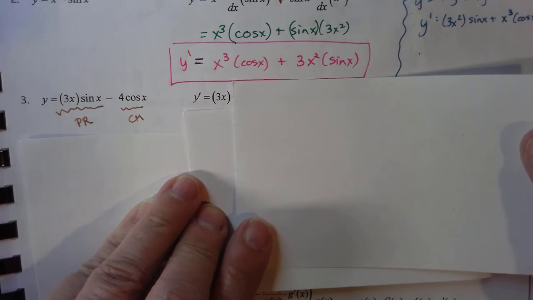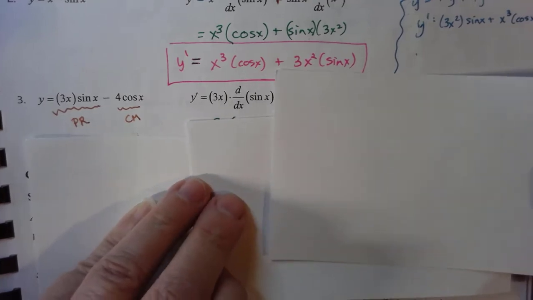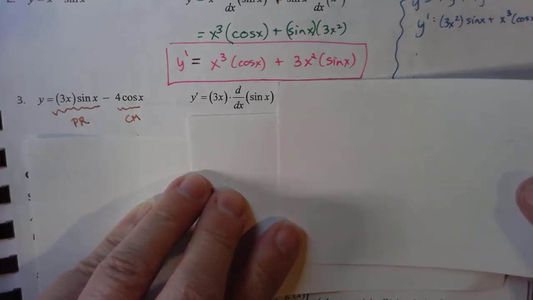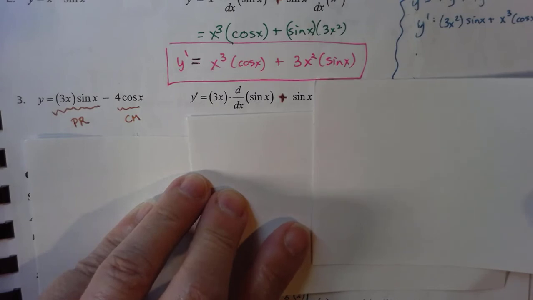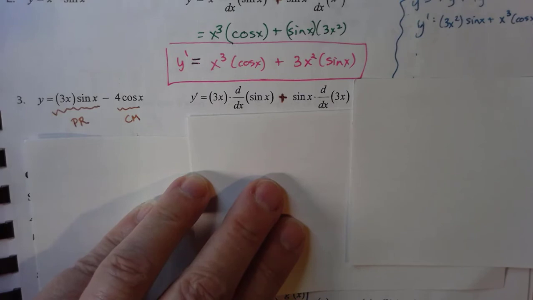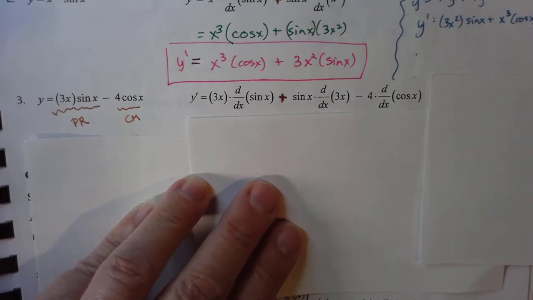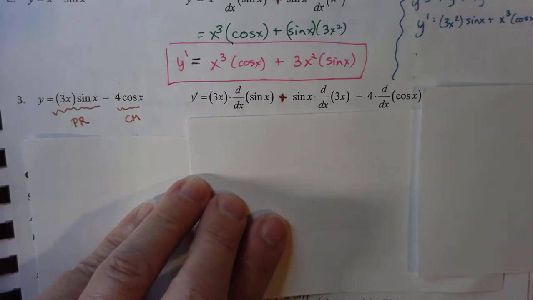Dealing with the product piece, 3x times I've got to find the derivative of sine plus sine of x times the derivative of 3x. That is just the product rule part of this problem. Minus 4 times, and I've got to find the derivative of cosine of x.